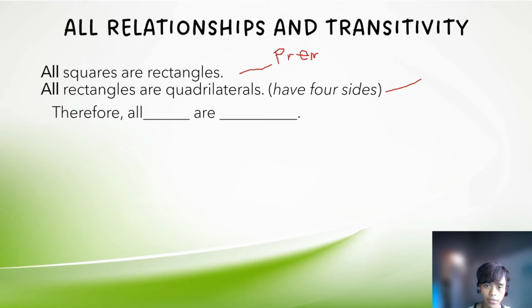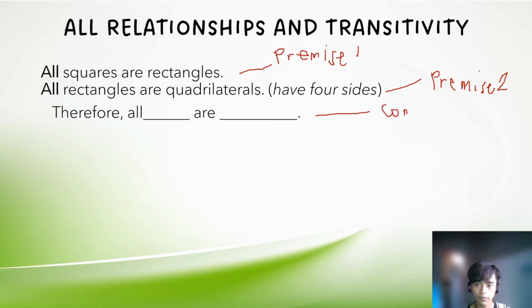Premise 1. And this is called premise 2. And this last statement, this is a conclusion. Okay, I'm using a mouse.